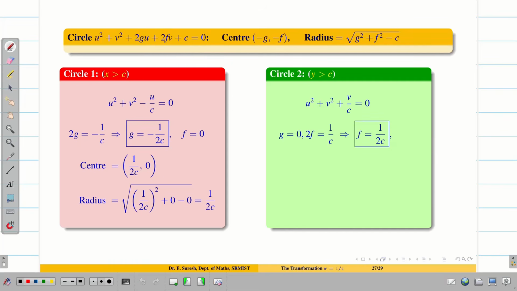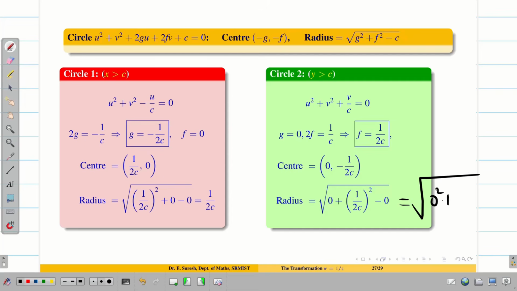Therefore, my center is minus g comma minus f. Here g is 0, f is 1 by 2c. So minus f is minus 1 by 2c. And the radius is square root of 0 square plus 1 by 2c whole square, that is my f square, minus 0. By simplifying this, we get radius is 1 by 2c.